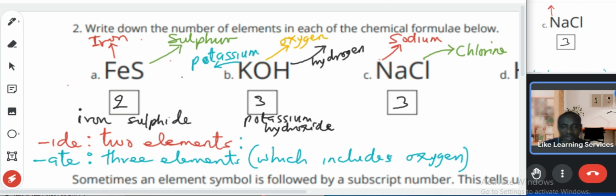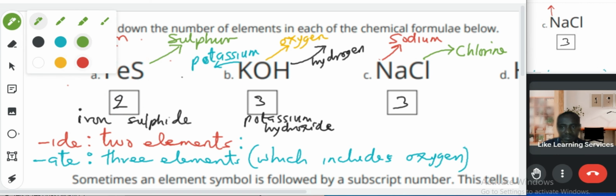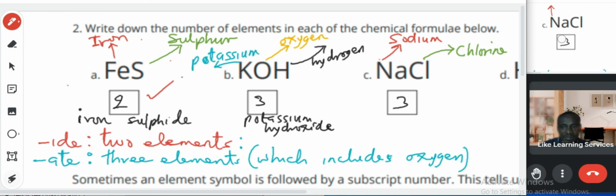By the way, like you said, this one has 2 atoms, iron and sulfur, too, correct? This has 3 atoms, no, it has 2. Okay, you want to correct that.